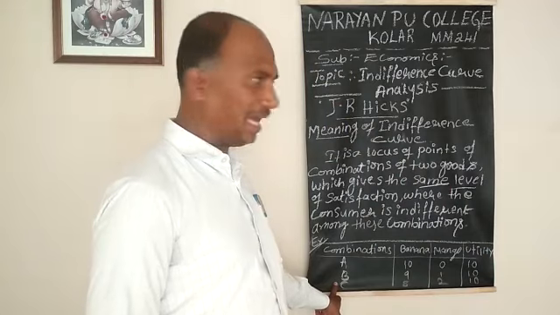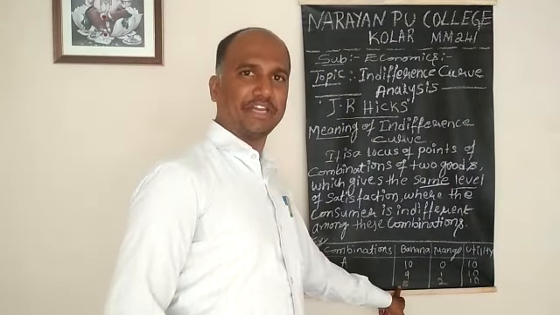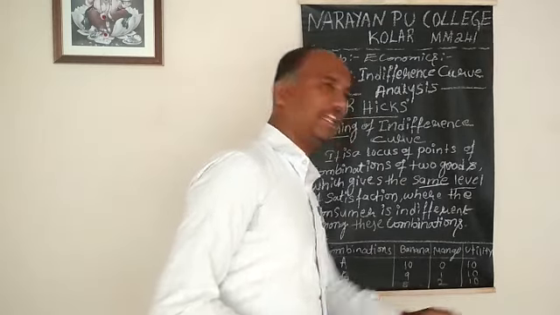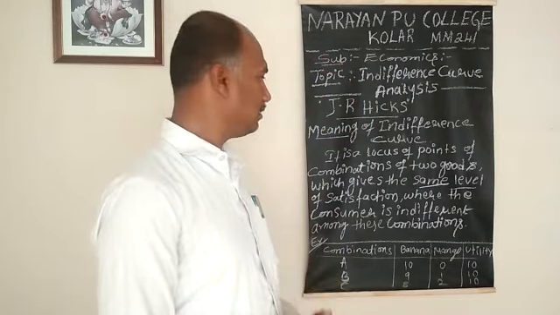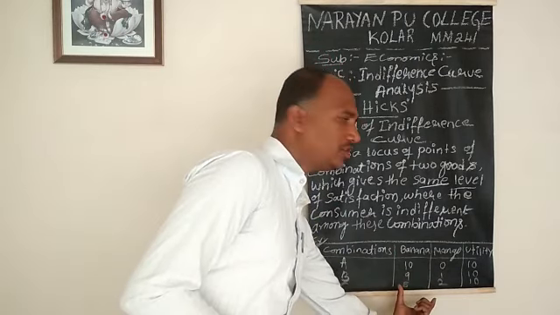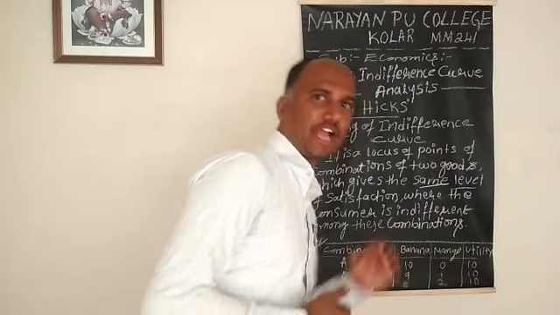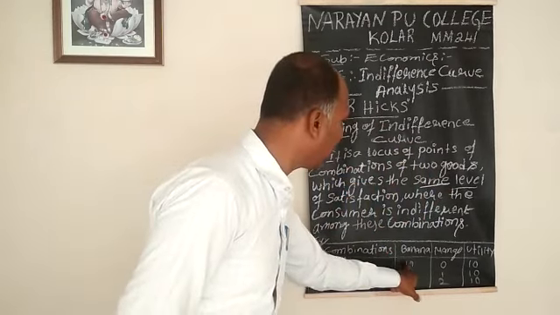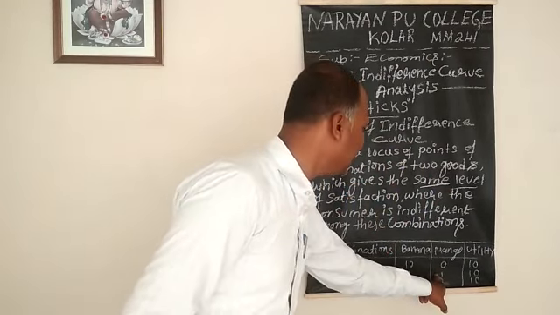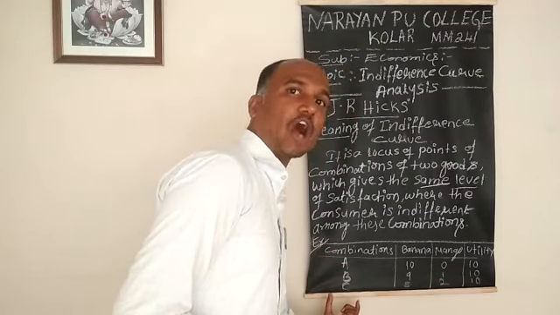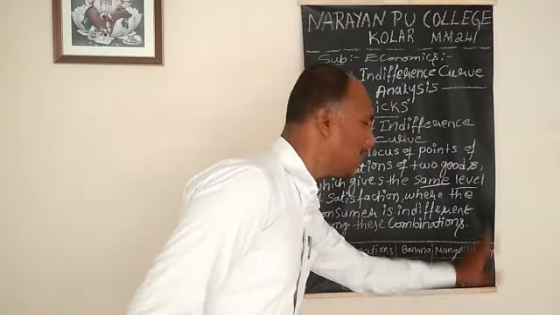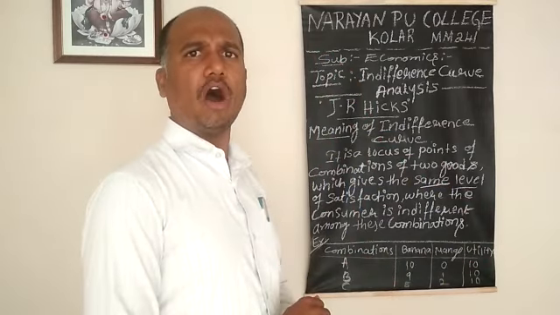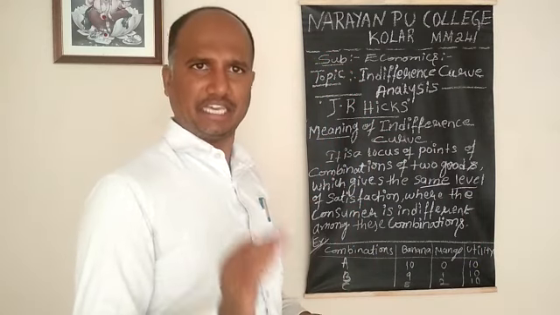In the third combination, the consumer has 8 bananas, 2 mangoes, again the utility is the same. That means these are combinations of two goods which give the same level of satisfaction. The consumer is indifferent among the combinations to obtain the same level of satisfaction. This is the clear meaning of indifference curve analysis.